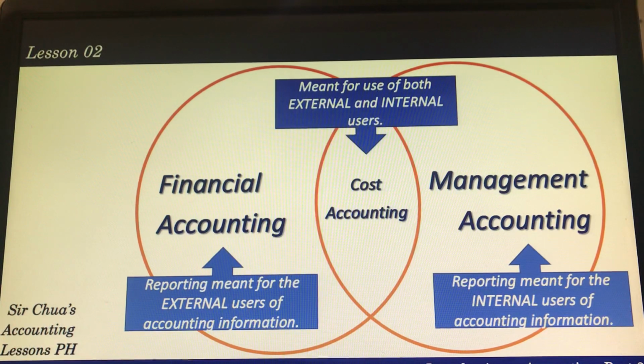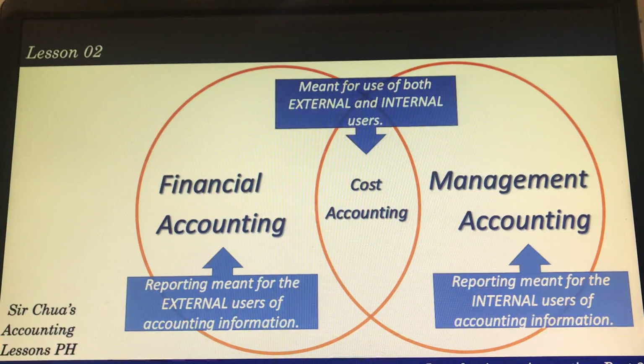So always remember that financial accounting is a branch of accounting which reports the transactions and the results of the performance of the entity for the whole period to the external users of accounting information. Whereas, management accounting reports to the internal users of accounting information like managers and owners of the entity, and both of them use cost accounting information.